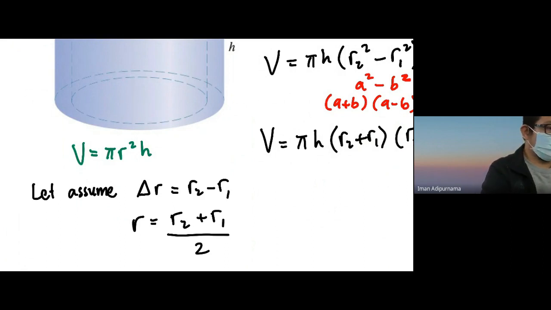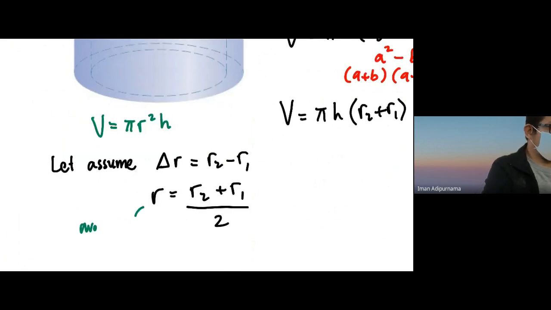So this is the average value, or average radius. And this is the thickness.